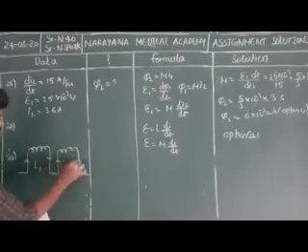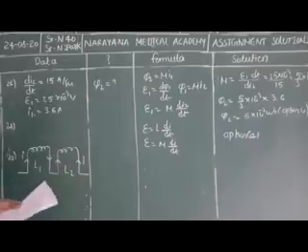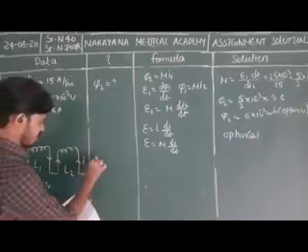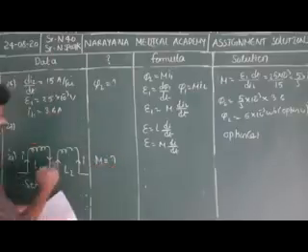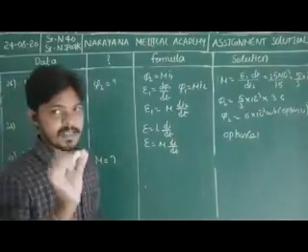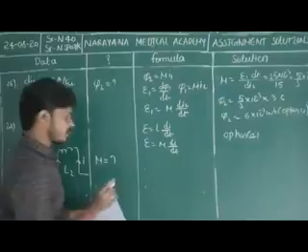So a circuit contains two inductors. This is the first inductor, and this is the second inductor. The inductance of the first coil is L1 and the inductance of the second coil is L2.